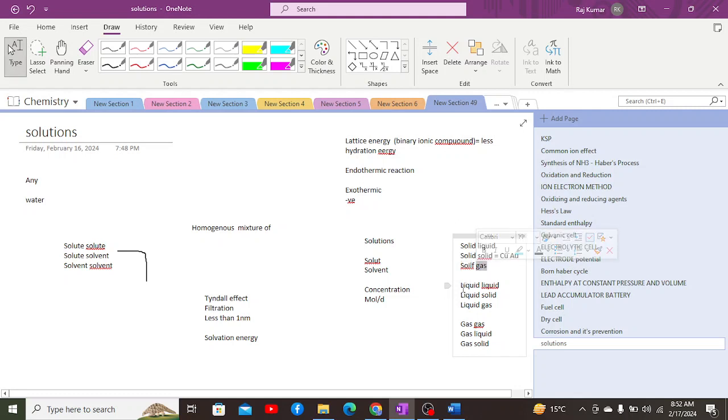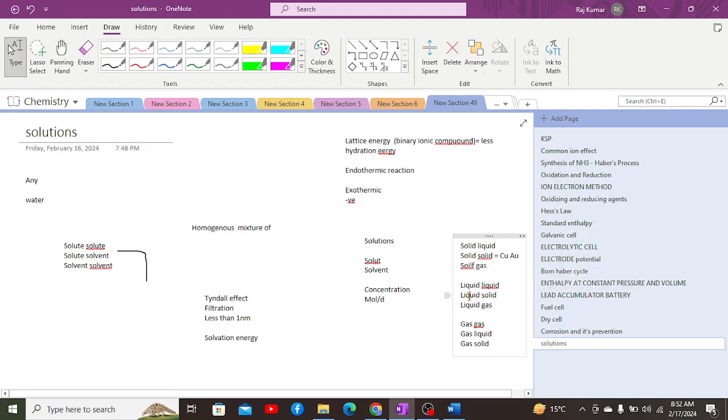Liquid-liquid has the example of two liquids combined together, milk and water. In that case, milk is the solvent and water is the solute. After that, liquid-solid, in which liquid is the solute and solid is the solvent.